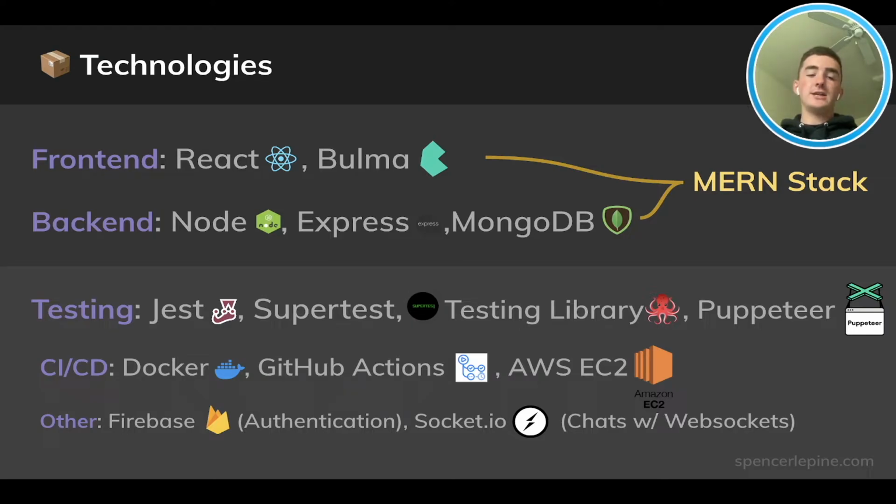For the CI/CD pipeline, we build the Docker images and push them to Docker Hub, and GitHub Actions can automatically build and publish those, and then it's all deployed to the EC2 instance in the cloud. We also used Firebase for the authentication and storing some images for the users, and then the most important one was Socket.io for the real-time chat feature, which uses WebSockets.